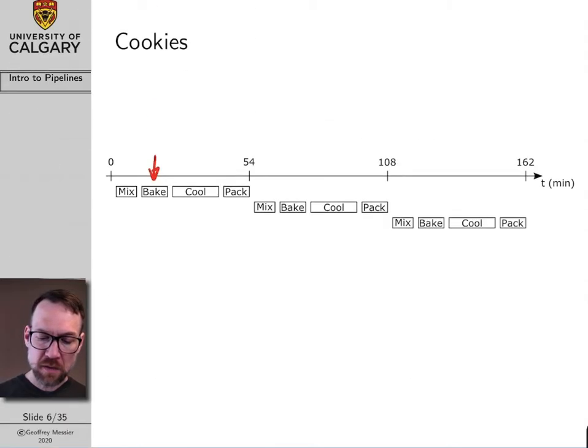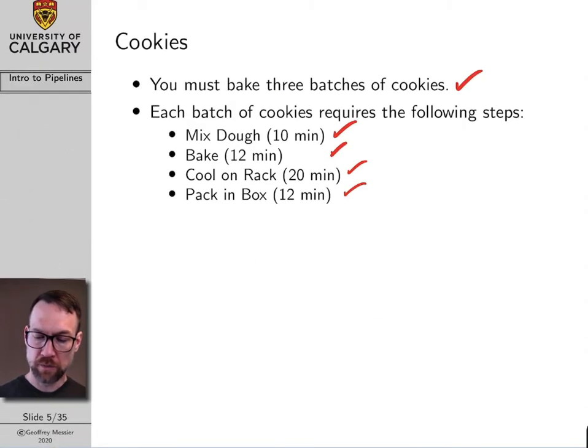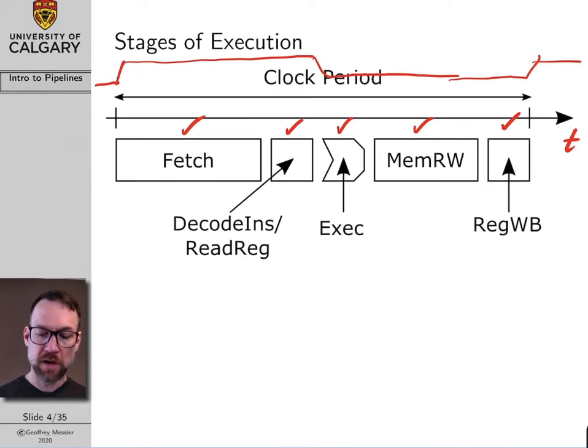And again, this first example you can consider basically the same as our original single cycle microarchitecture design that we showed up here, right? So we have to do all of our operations in a single clock period before we can move on to the next operation. So we have to bake our entire batch of cookies before we can move on to baking our new batch.